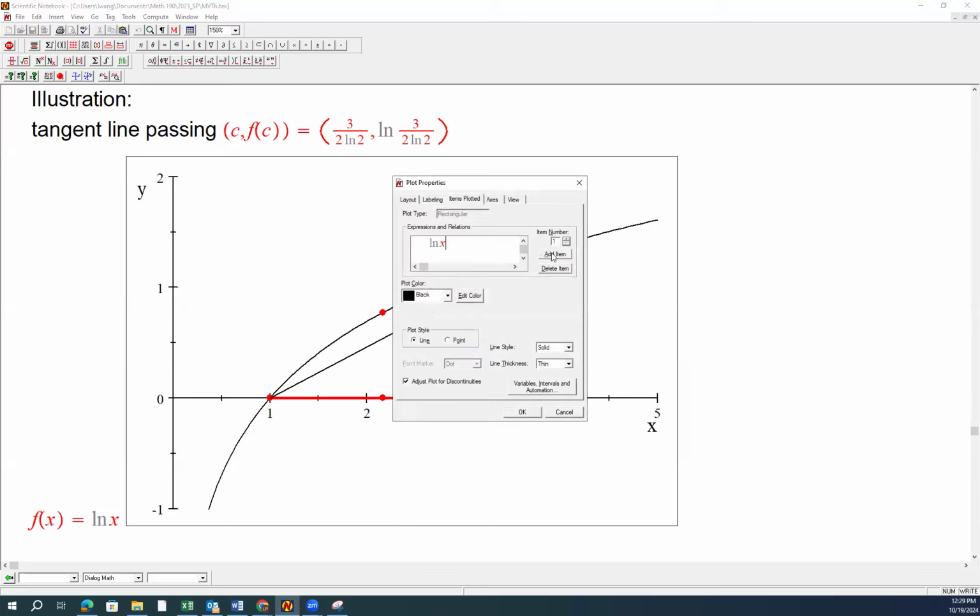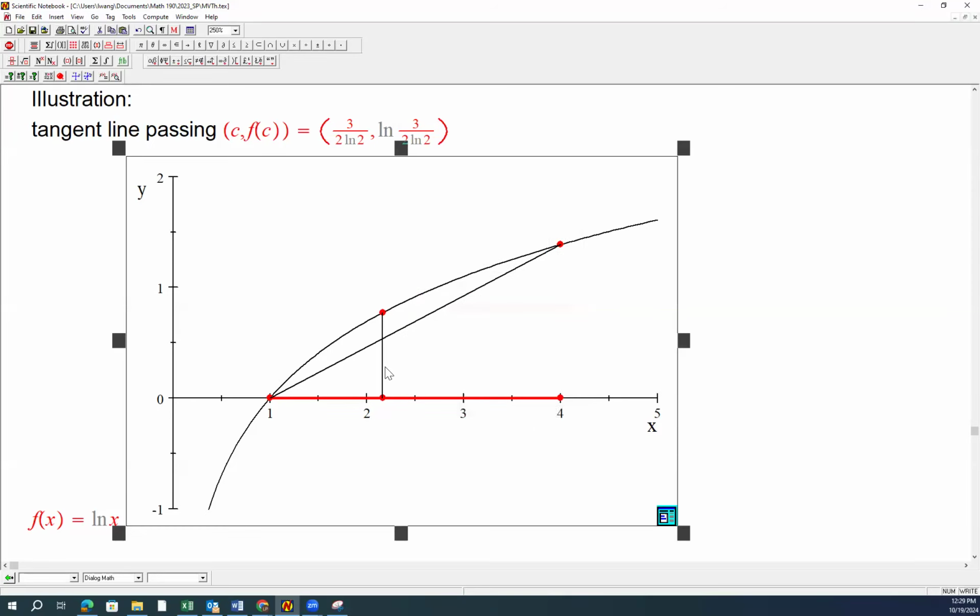f of C is ln of that. This piece is f of C. So next I'm going to find the tangent line.